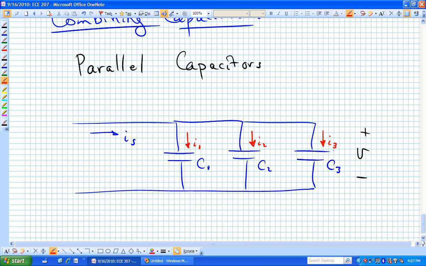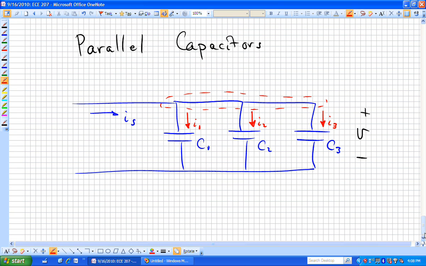But we also know that these 3 I's are related to I sub S. In preparation for exam 1, what's the relationship that exists between I sub S and those 3 I's? Is there a K or a last name that begins with K that might?